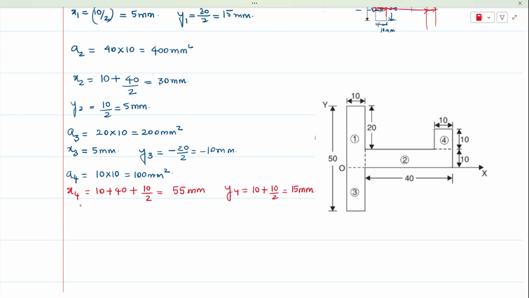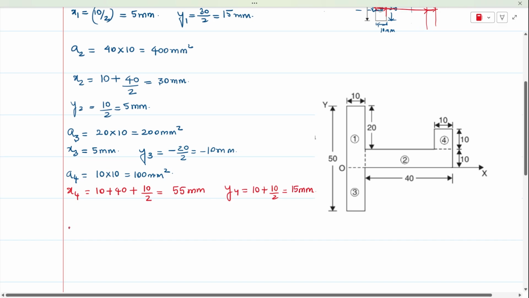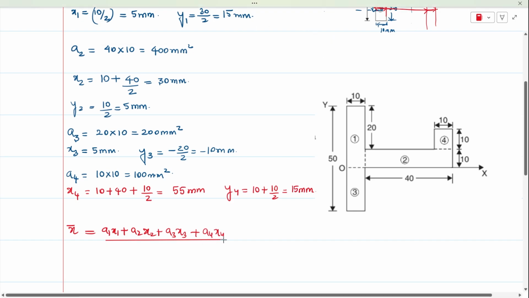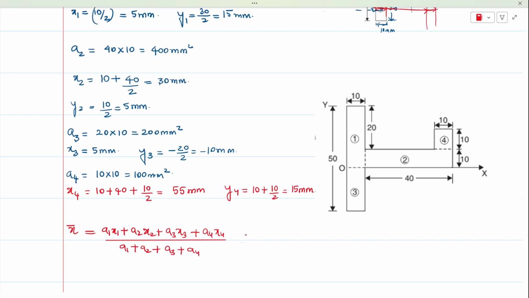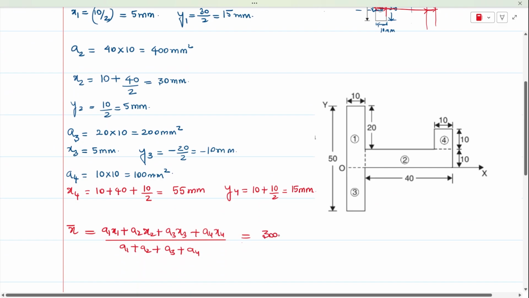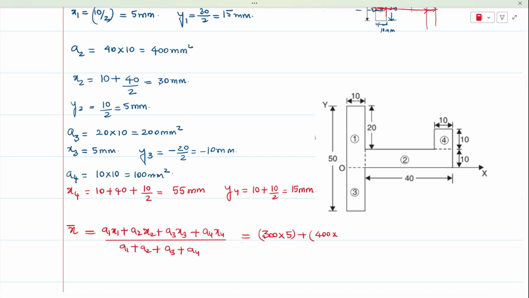Now, after the coordinates of individual areas have been calculated, next is the computation of the centroidal coordinate of the plane lamina, that is given by x bar equal to a1 x1 plus a2 x2 plus a3 x3 plus a4 x4, whole divided by a1 plus a2 plus a3 plus a4. So a1 is 300 and x1 is 5 mm. Next is a2, which is 400 and x2 is 30 mm.